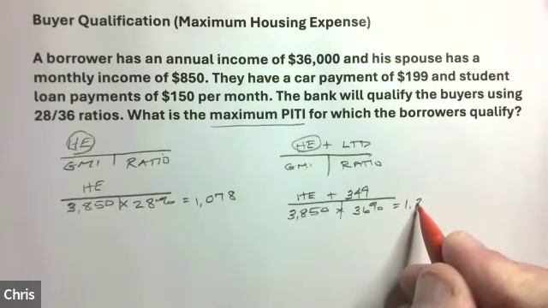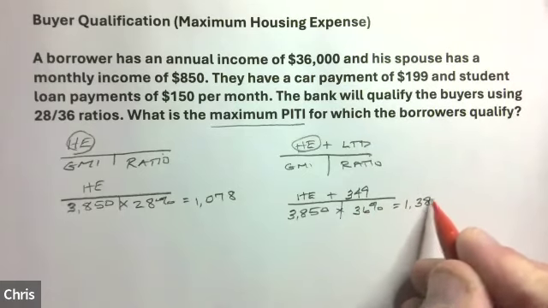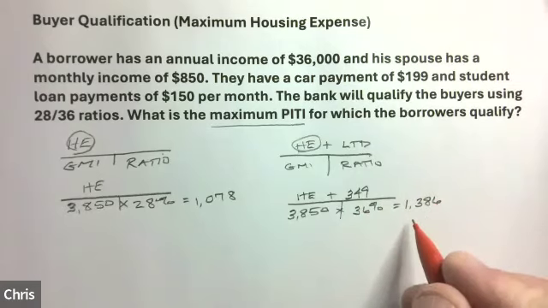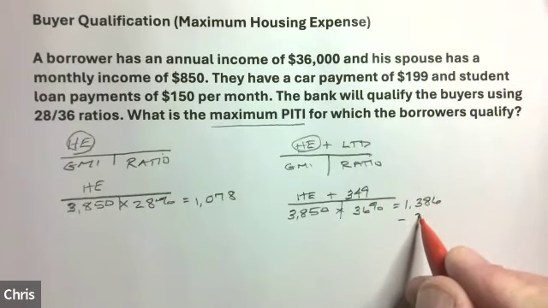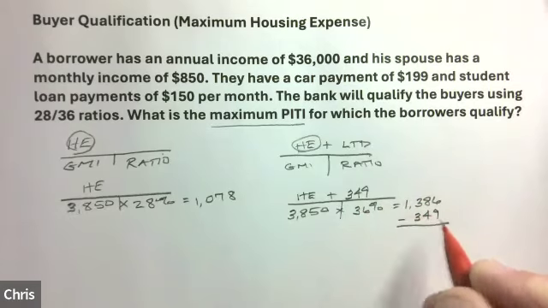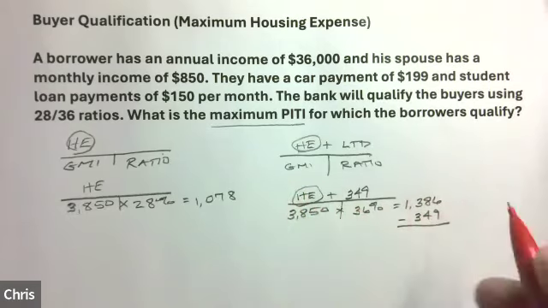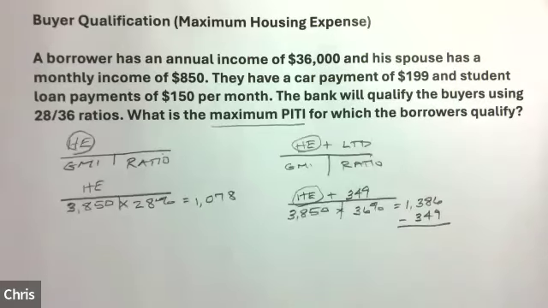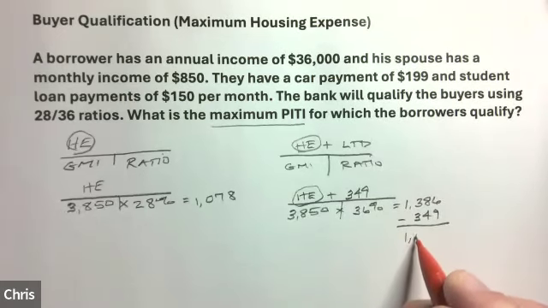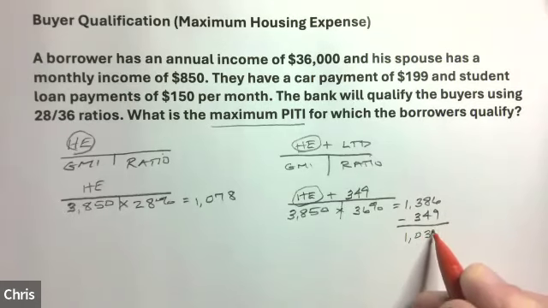However, remember, when you're doing the maximum housing expense on the back end, you subtract out the long-term debt because you're trying to isolate the housing expense right here. So 1386 minus the long-term debt of 349, the housing expense he can afford is up to 1,037.